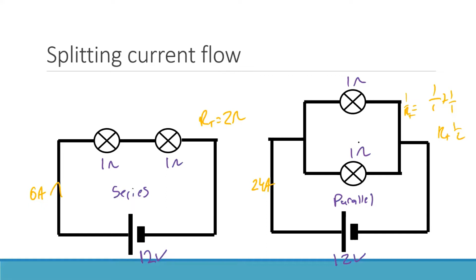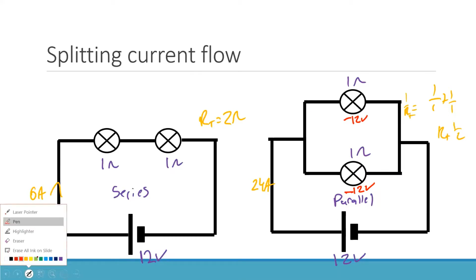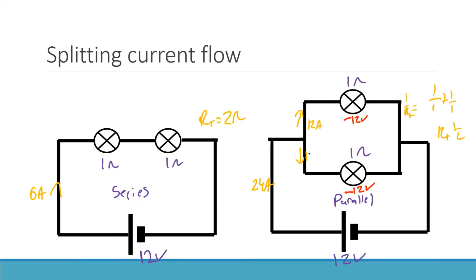Now, if I was to then compare the voltage drops, right? This one's going to drop 12 volts, and this one is going to drop 12 volts because the current's going to split. The current's going to split, and we're going to get 12 amps going up and 12 amps going down.